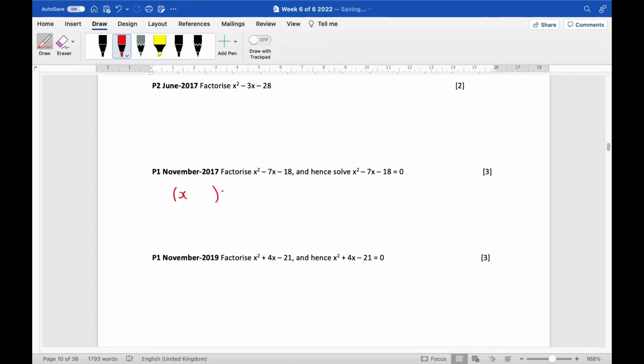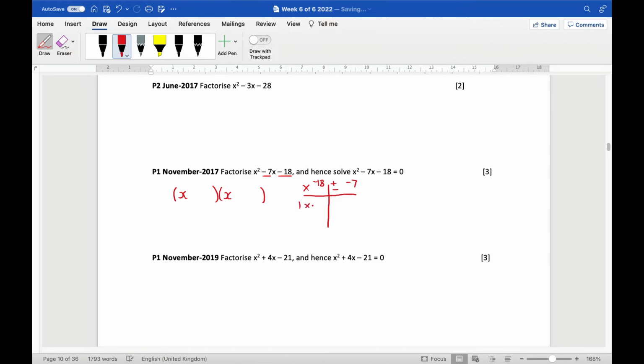X, okay, and we're looking for 2 numbers. We're looking for team, remember team, times, to make the end number, minus 18, which will add or take away, as it happens, to make the middle number, the number before the x, which is minus 7.